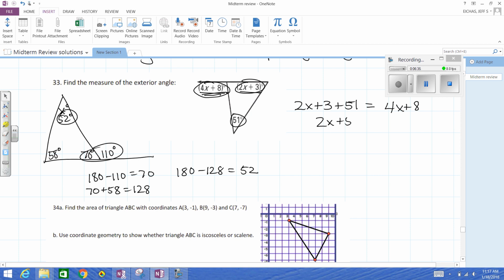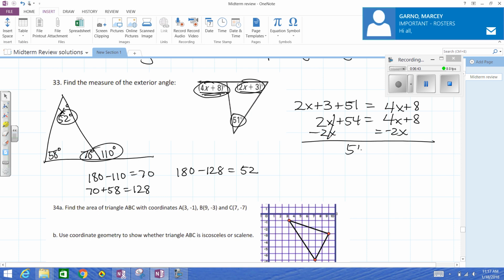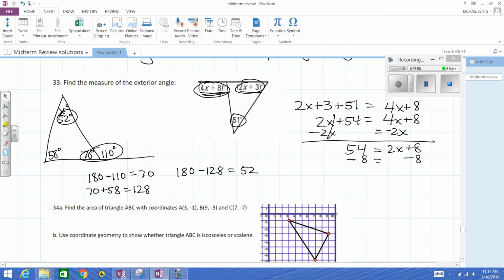Now combine like terms. I'll subtract 2x. That's how, just continuing the algebra. X is 23, but we want the measure of the exterior angle.